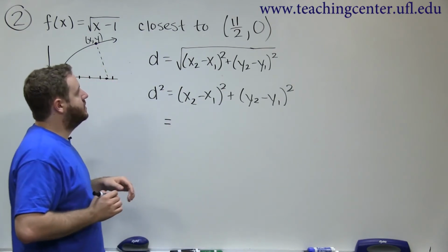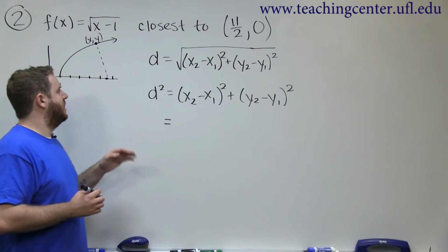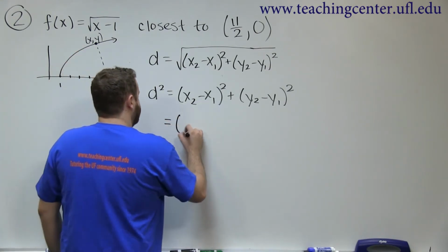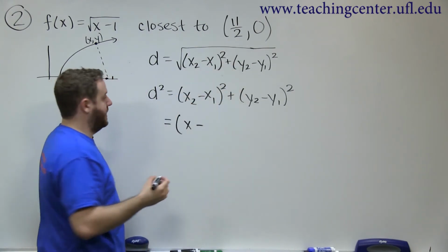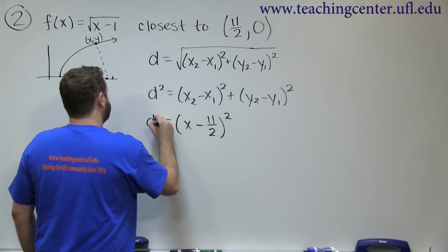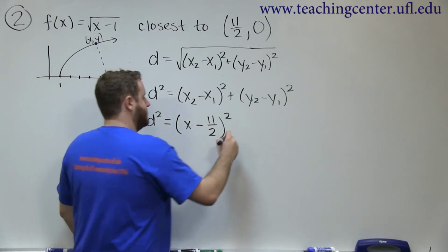It doesn't matter which one you call point 1 and point 2. I'll just call x y point 2. So the x-coordinate of it is x, and the x-coordinate of the first point is 11 halves. So we have x minus 11 halves squared, and now we do the difference of the y's.